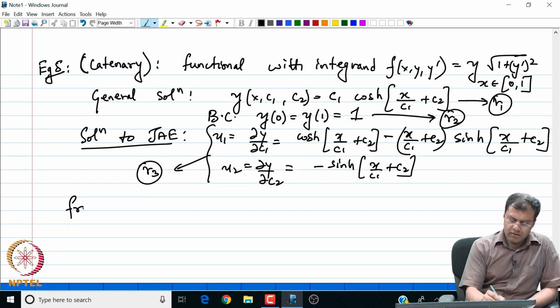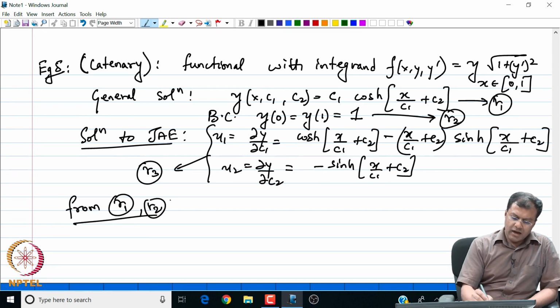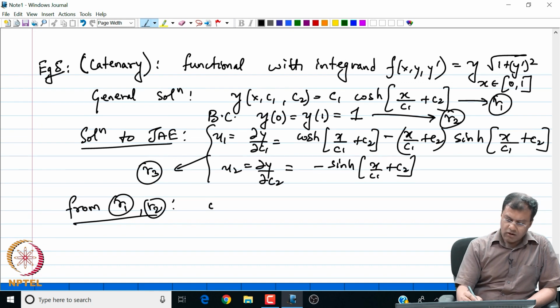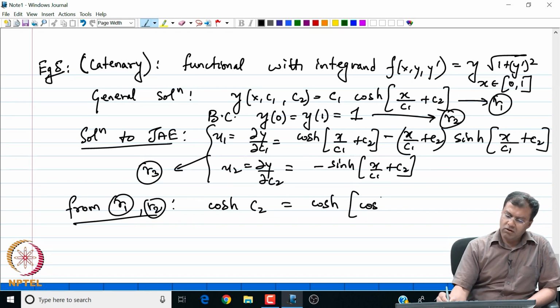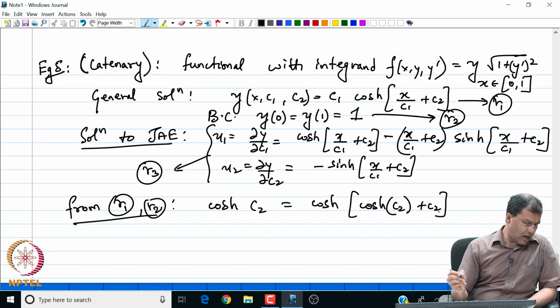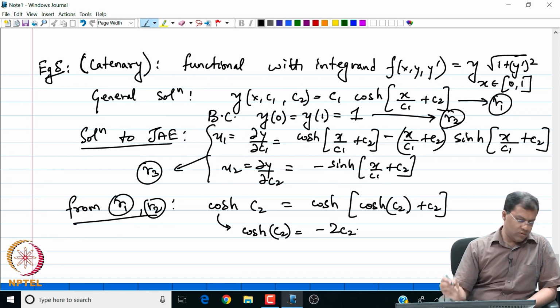From R1 and R2, the constants must satisfy this relation: cos hyperbolic C2 is equal to minus 2 C2.